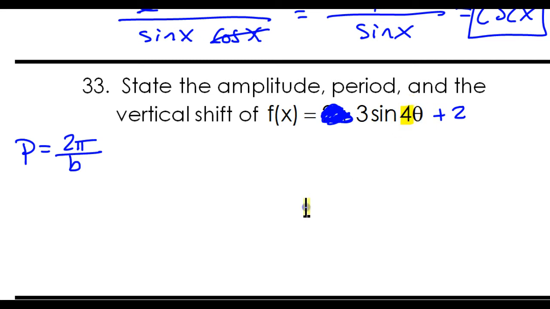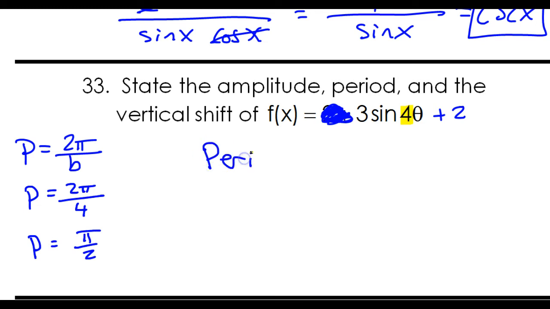That's what's meant by the b value. So the period is going to be 2 pi divided by this 4. And 2 goes into 4 twice, so the period is going to be pi over 2.